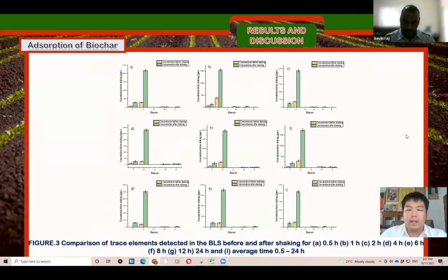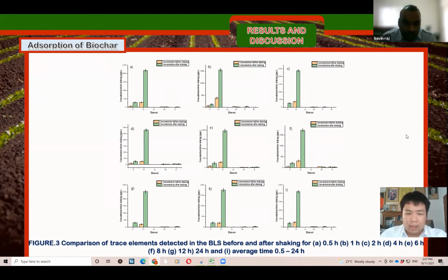The composition of trace elements detected in the BLS before and after shaking is in Figure 3. The compounds in the BLS after shaking were titanium, iron, arsenic, sodium, and lead.